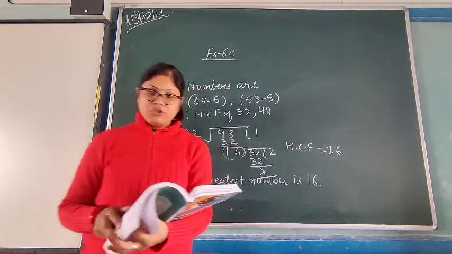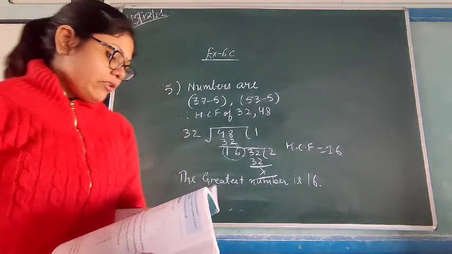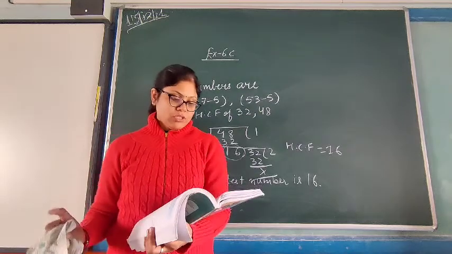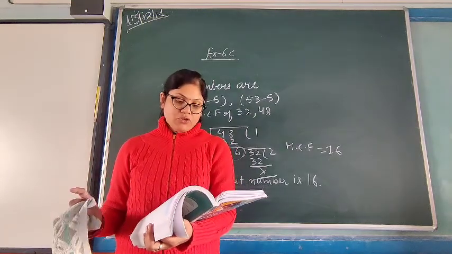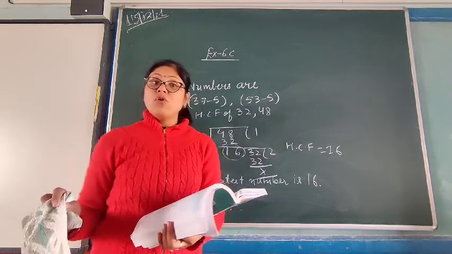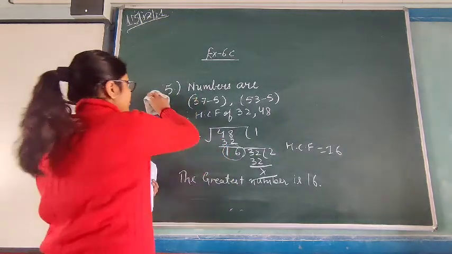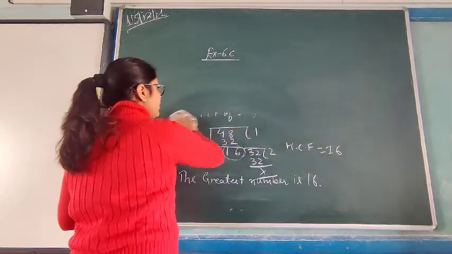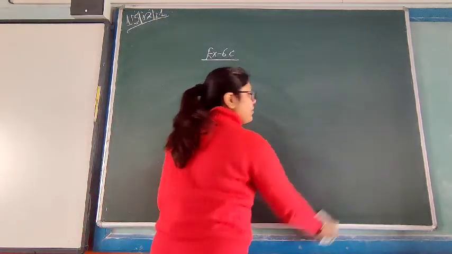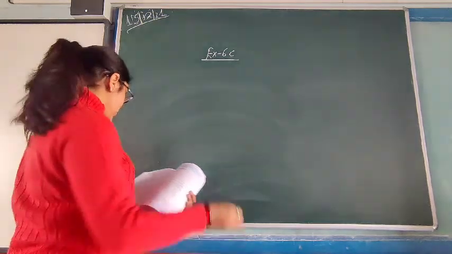Now come to 7th question. Find the greatest number that will divide 76, 114 and 152, leaving the remainder 2, 3 and 4 respectively. Therefore, first of all you have to take out the required number. So what will be the required number? Let's do 7th one.